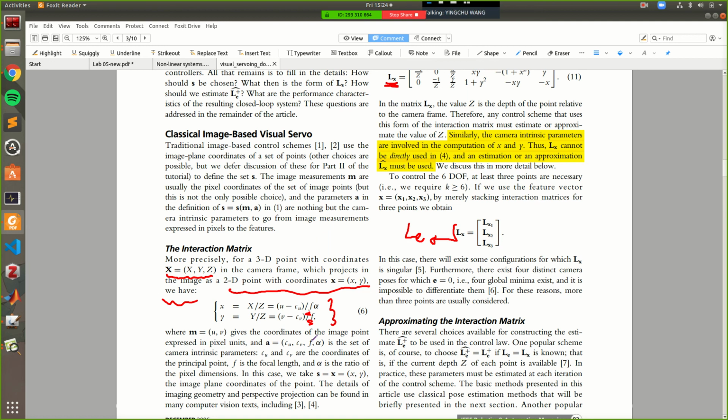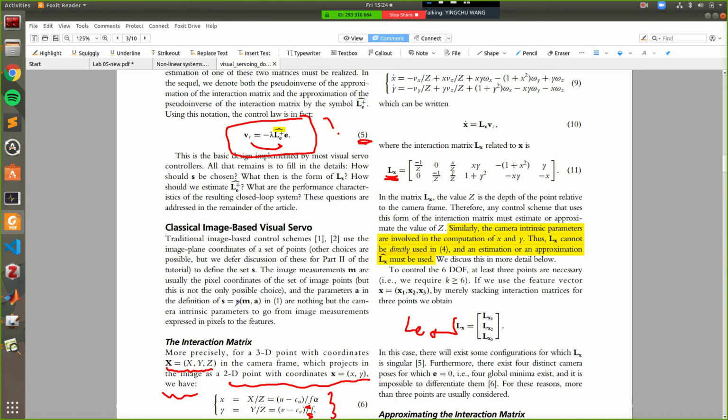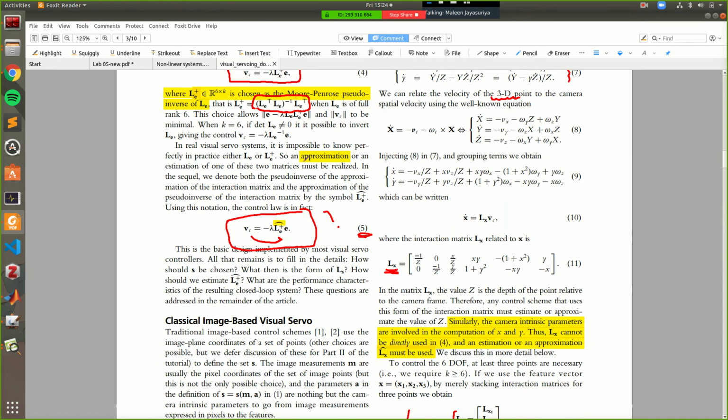What's the meaning of the hat? It's an estimate, an approximation. It's not the real value.